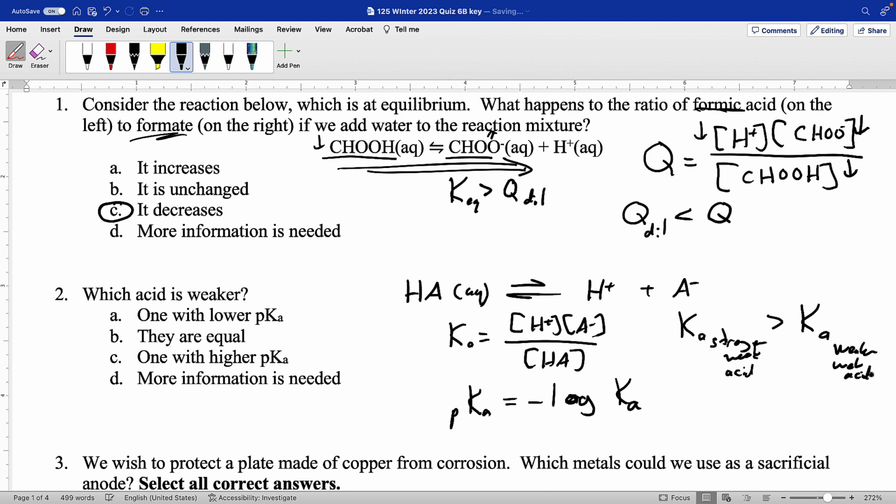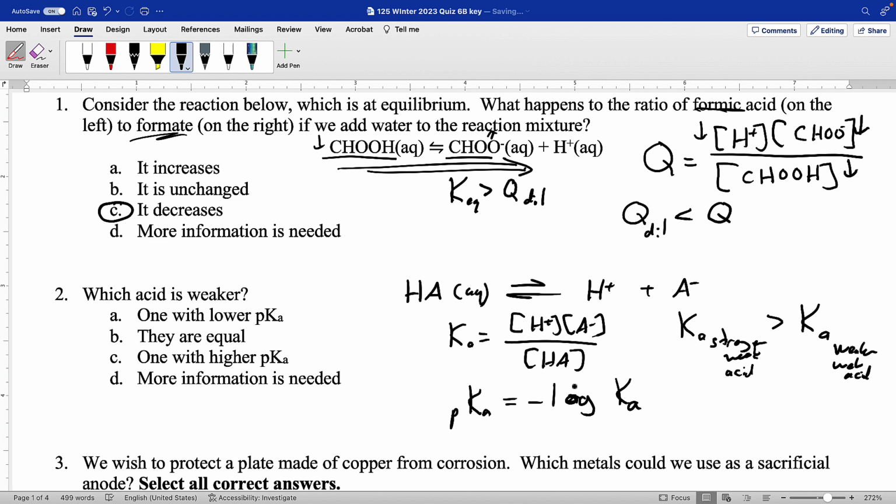Okay, so when we're comparing 2 weak acids, the one that's stronger of the 2 is going to be the one with the bigger Ka. So if you plug a bigger number into K, that's going to make the logarithm bigger. And in contrast, if you put a smaller number into K, that's going to make the logarithm smaller. And notice we're putting a negative here.